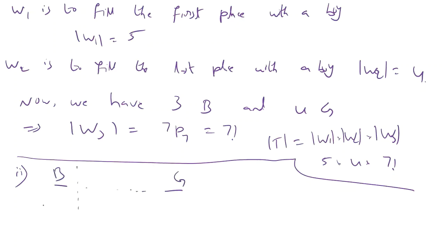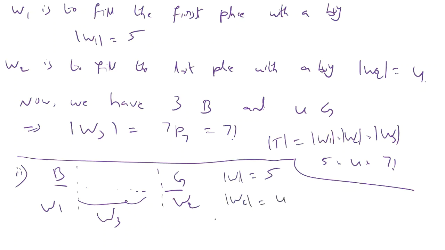So again I am dividing the task into 3 parts. W1 is to fill the first place with a boy, W2 is to fill the last place with a girl, and W3 is to fill the remaining 7 places with the remaining people. Now the number of ways of doing W1 is equal to 5 because there are 5 boys. The number of ways of doing W2 is equal to 4 because there are 4 girls.